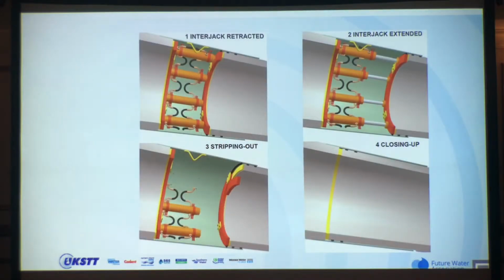As you can see here, you get so far through the drive and you install the interjack and you put the jacks inside the interjack station. Those extend to push the pipeline along, and then they're closed up from your main drive. You then strip out the jacks and close the interjack station up so it works as a whole, and then you wouldn't really know it's there in the pipeline.